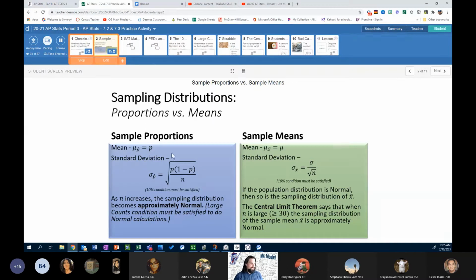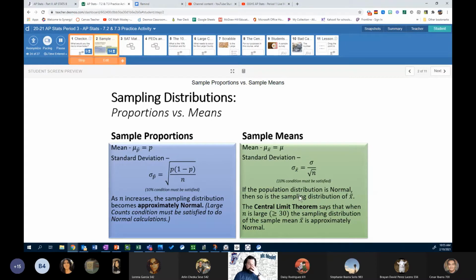So that's sample proportions. Sample means look very similar. The mean of a set of sample means is the mean of the population. The standard deviation of our sample means is equal to the standard deviation of the population divided by the square root of the sample size. Once again, for the standard deviation to be valid, the 10% condition must be satisfied.